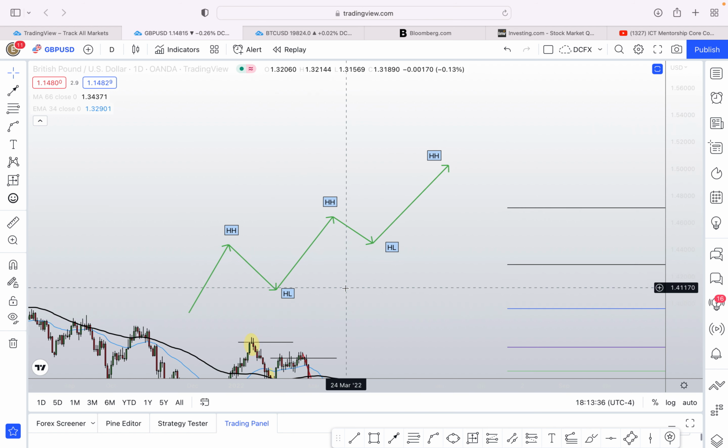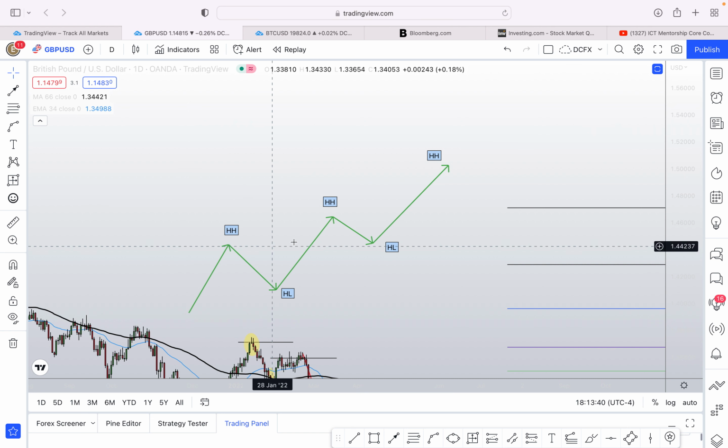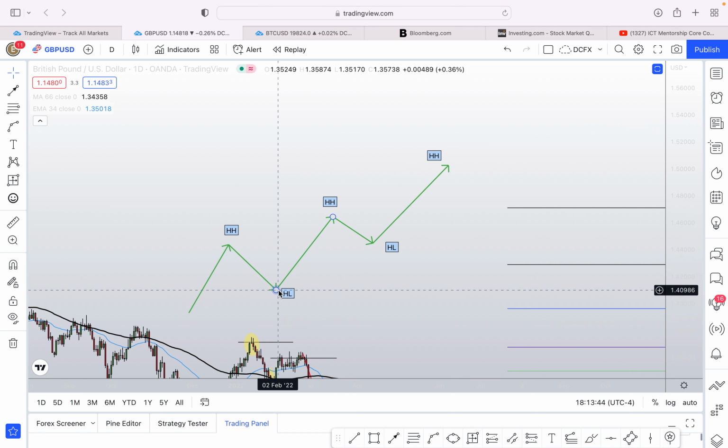Then the Fibonacci is made once the market makes a new higher high from the previous higher low.